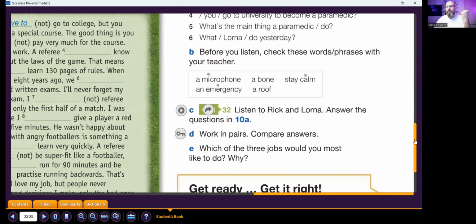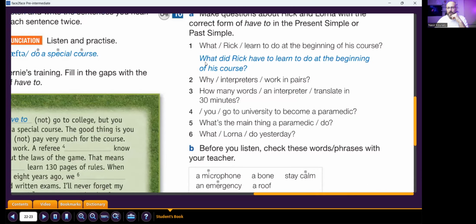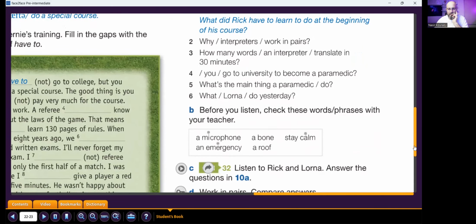Now we will listen to Rick and Lorna and answer the questions. Which questions? The same questions we answered, from 1 to 6. You should understand these questions very well. After that, you listen and answer these questions. Okay, now if you're ready, let's listen.